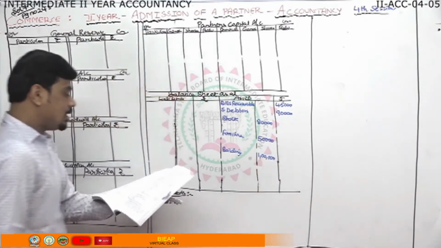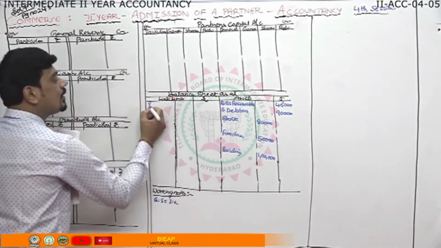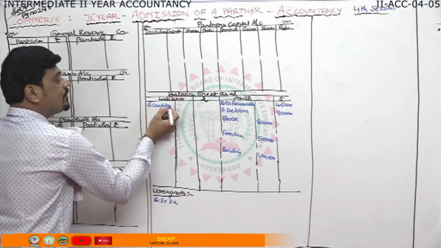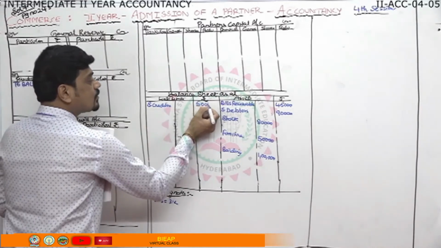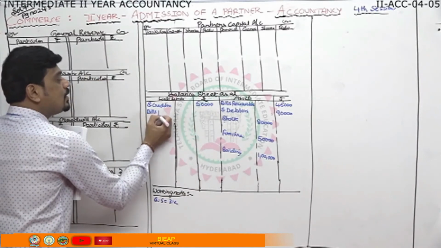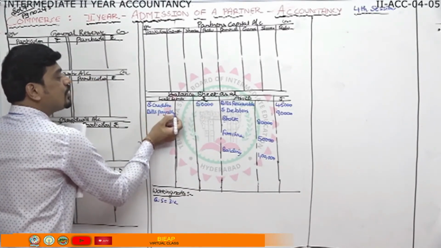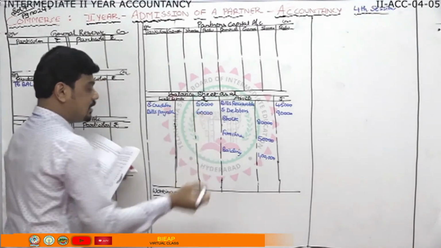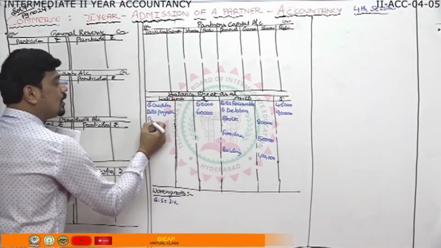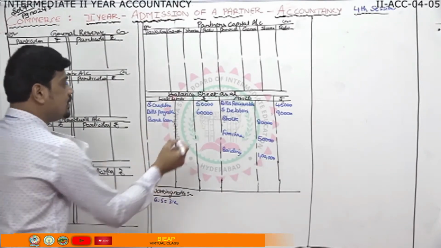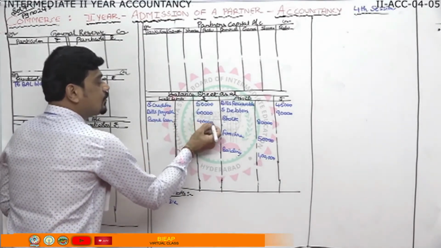Very simple. Then liabilities. Creditors, there is no hard and fast rule, creditors 50,000. Bills payable, it is just the subject called cut, copy and paste, 60,000. Bank loan is a liability, so bank loan as it is, 40,000.